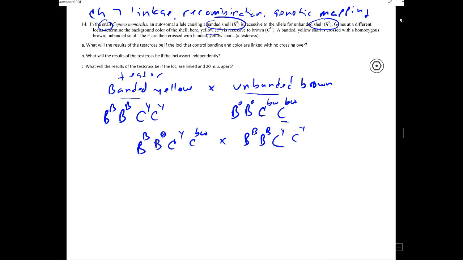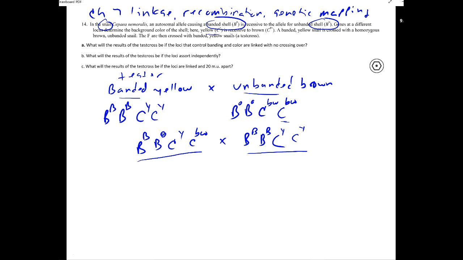And so these are recessive. And so we really don't care all that much about these alleles. The genotype of this is homozygous recessive, and whatever phenotype we get in the offspring is going to be due to whatever genotype we get from this individual.